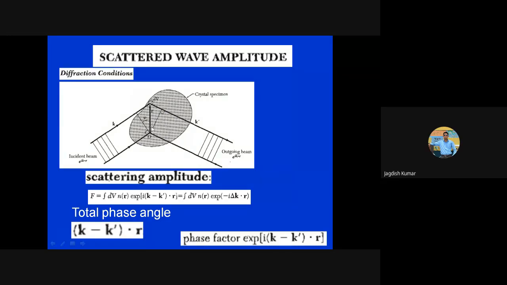This r vector gives that displacement from O to O dash, and phi is the angle between the r vector and this perpendicular to the k vector, the incident wave vector.